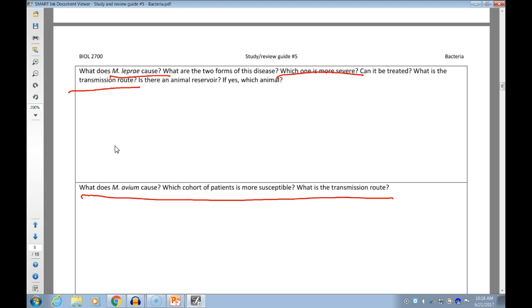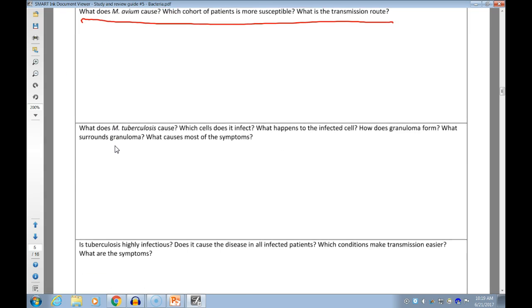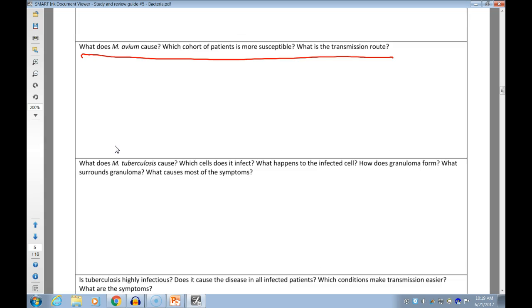Mycobacterium avium, bird droppings. Immunocompromised are more susceptible. Transmission route, inhalation of bird droppings. We very briefly discussed it, and in terms of what it causes, a disease similar to tuberculosis.